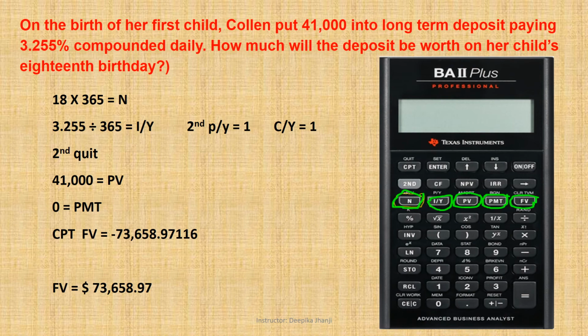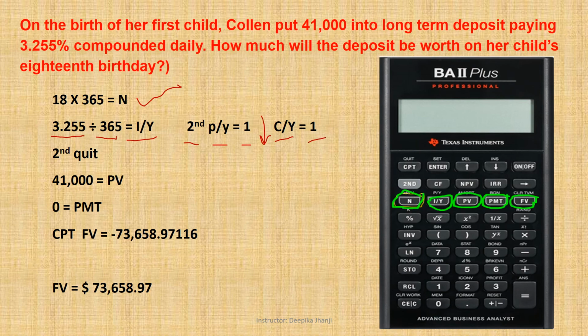Okay, when you use the calculator, N is 18 times 365, right? Then input 3.255 divided by 365, that gives you the value of IY. Okay, then press shift P/Y equals to 1, then use the down arrow key, and then your screen will display C/Y. Make sure it is 1.